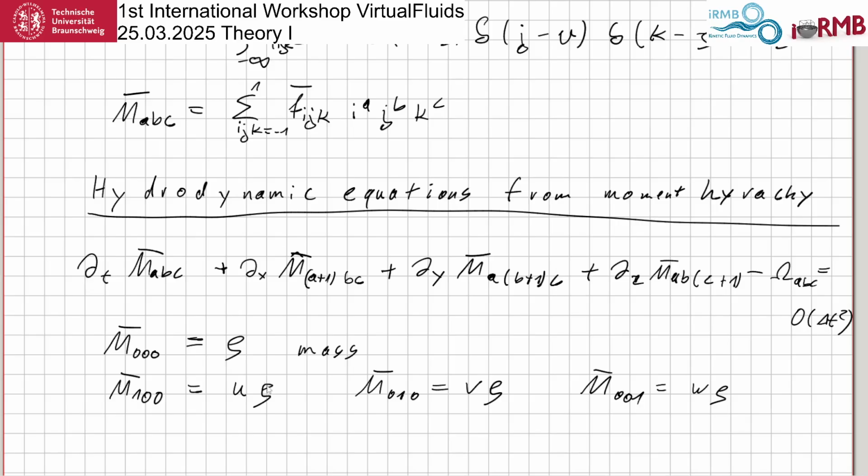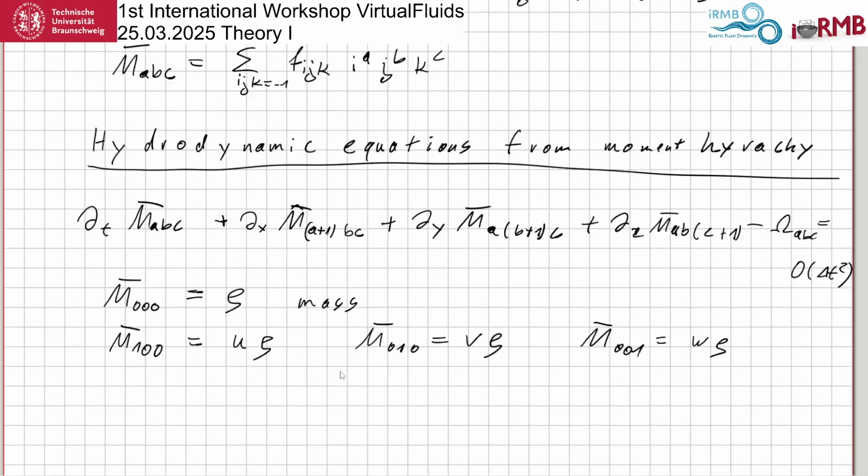Actually, this is not the nomenclature in use for VirtualFluids. I'm not completely sure whether we do it consistently, but it's v1, v2, and v3, or vx, vy. We are probably not consistent there ourselves. So these things here are the momentum.